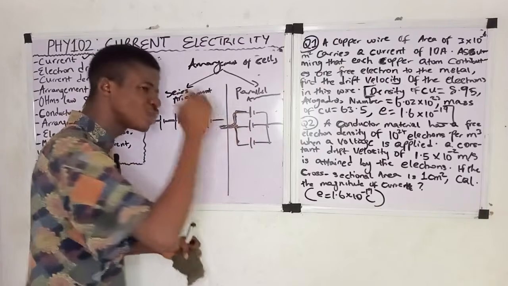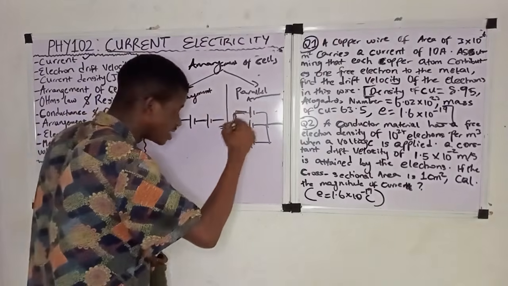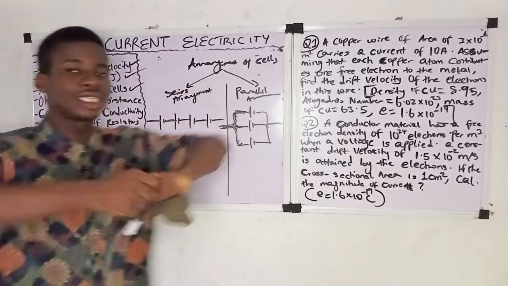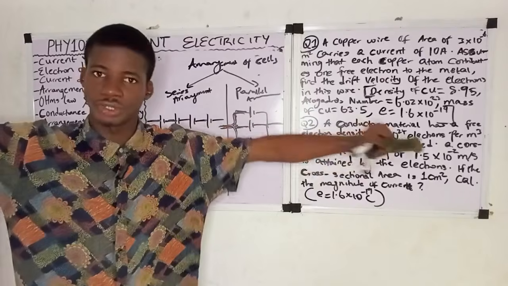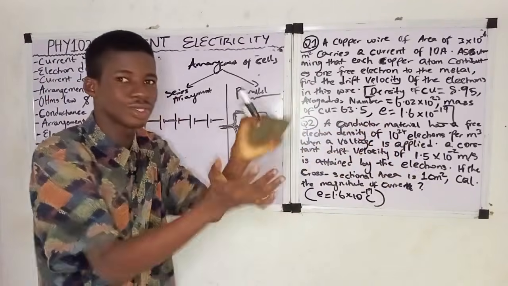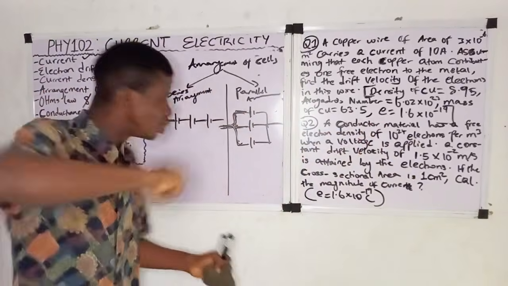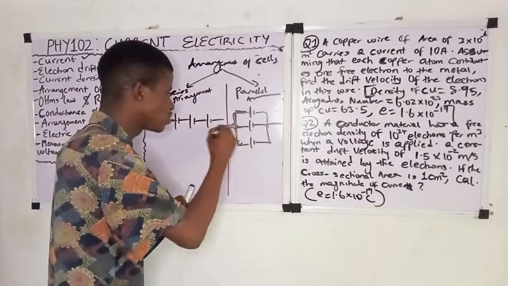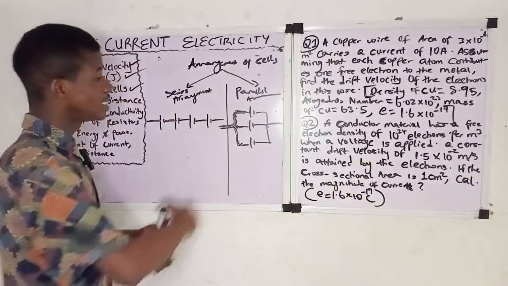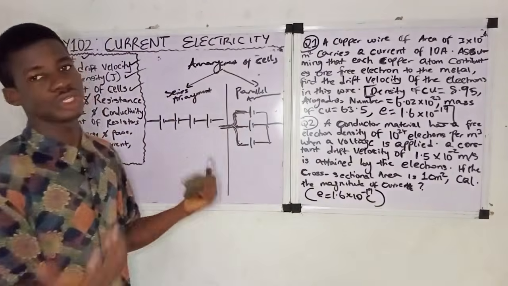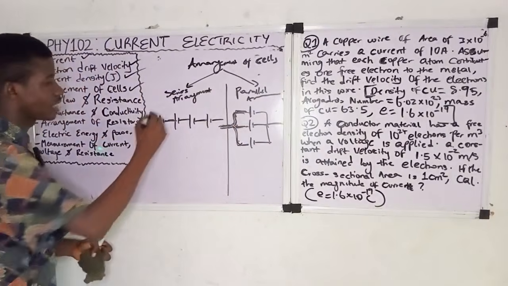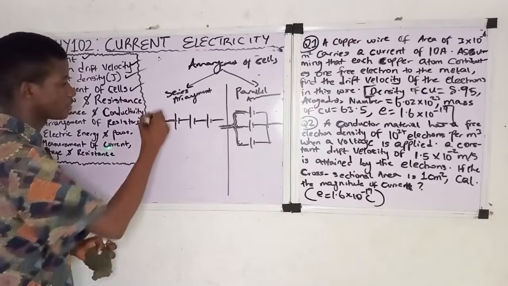Whenever you see one particular wire divide, you know that this is parallel. In series they have the same connection, but in parallel the cells have different connections. There must be a division. Look, this one single wire divided into three, so that is telling you that these cells are all parallel to each other. So that's how you know series and parallel.